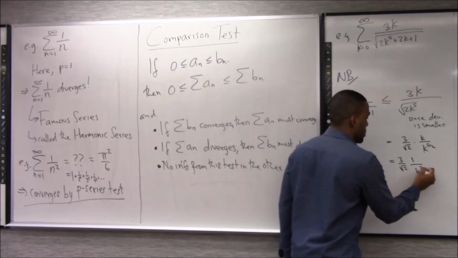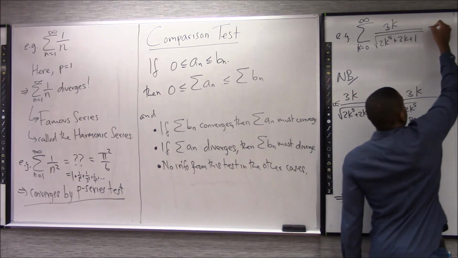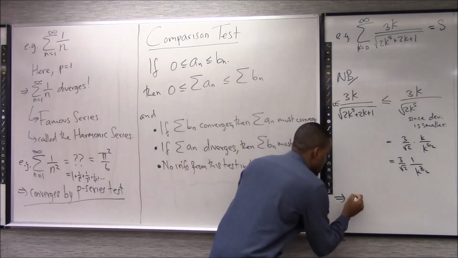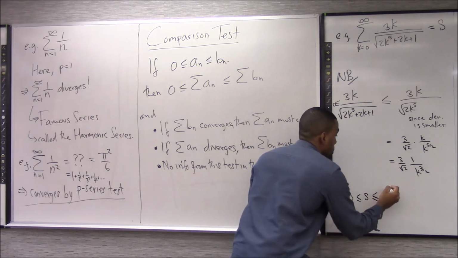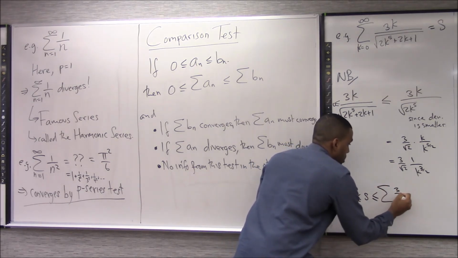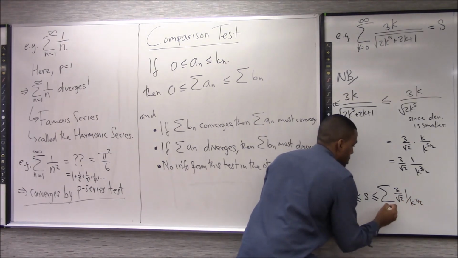3 halves. So what that in fact tells me is that, let me call this S, that my S is less than or equal to the sum of this guy.